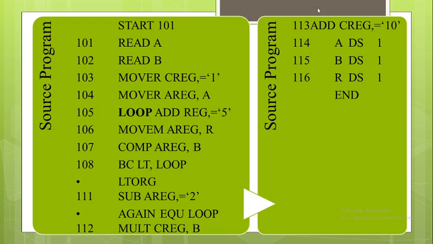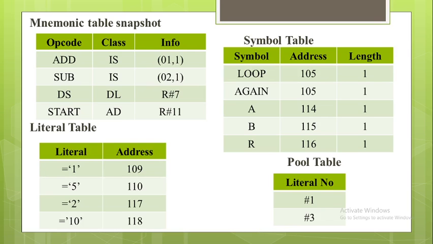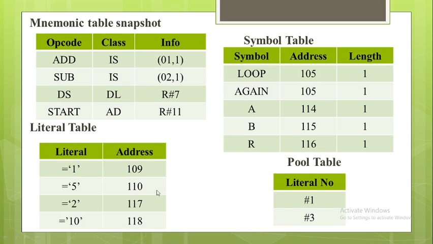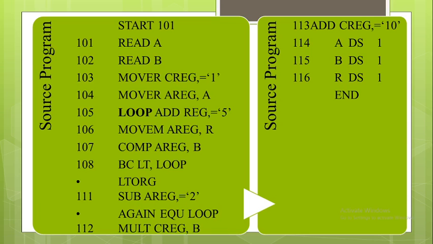Now the next symbols A, B and R are added to the symbol table with the addresses 114, 115 and 116 respectively. While processing the END statement, the literals 2 and 10, which don't have addresses yet, will get the corresponding addresses 117 and 118, because by default the assembler assigns the addresses to the literals after the END statement.